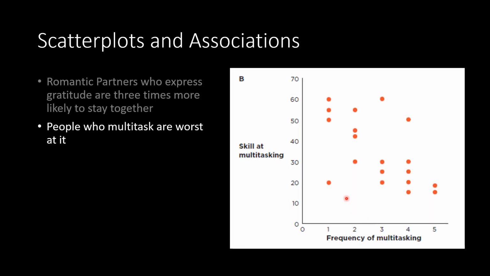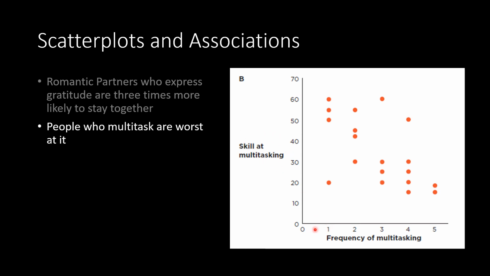Conversely, looking at a negative relationship, here you can see that if I was to draw a sort of line that best captures the data, it would probably be something like that, where now it is going from the top left to the bottom right. And here on the x-axis, we have the frequency with which people multitask, and on the y-axis, the skill at which people are able to multitask.